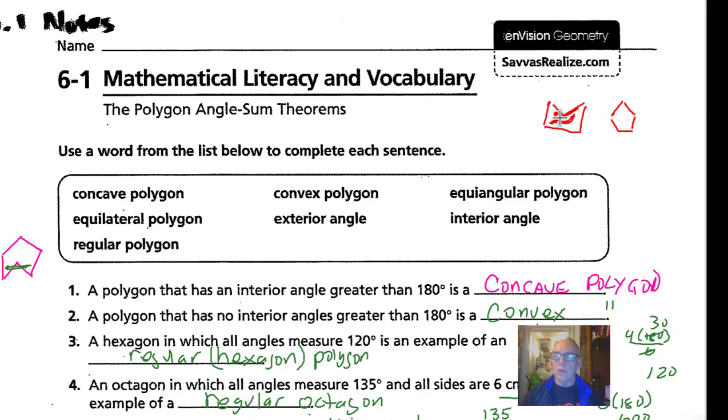This is like 180 degrees plus another 40 or 50, so maybe 220 degrees, something like that. These angles are all going to be more like around 100, 110 degrees. A polygon that has no interior angles greater than 180 degrees, we call a convex polygon. Concave, got a caved in place, convex.